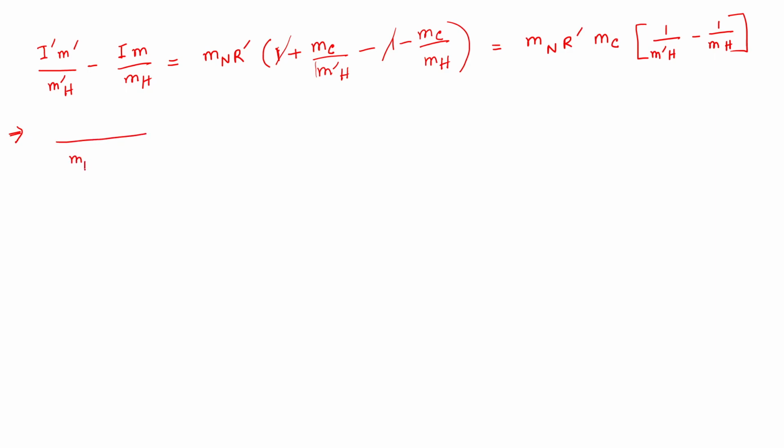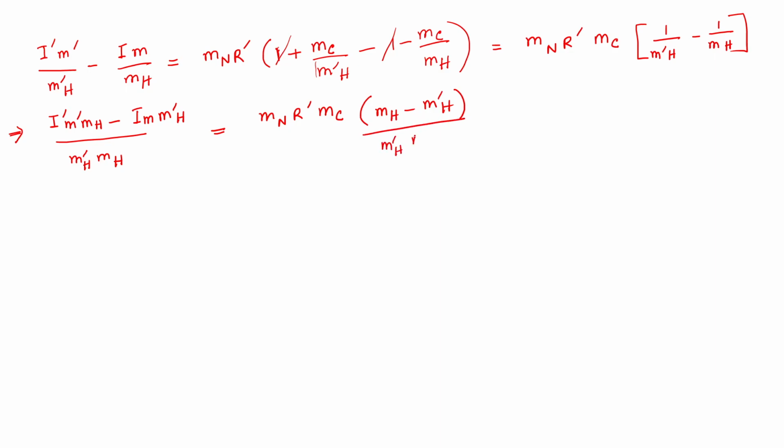Suppose I dash m dash mh minus I m dash mh, we will get mn r dash mc, then we are going to get mh minus m dash h divided by mh, and this is going to cut.